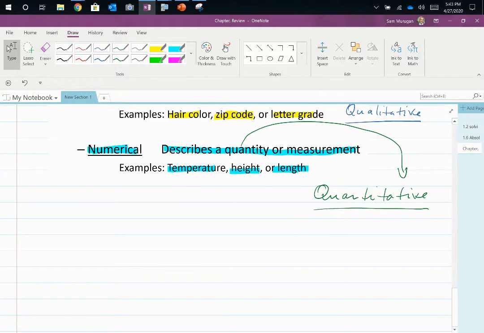When you're looking at understanding data, you have to ask yourself a few questions. How were the variables measured?